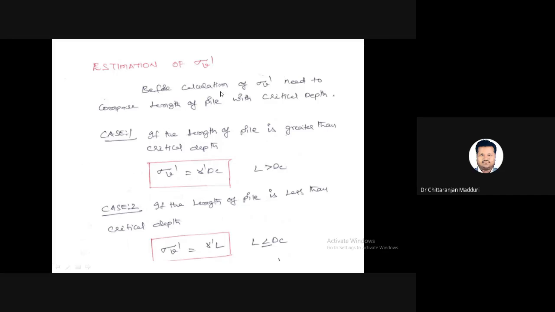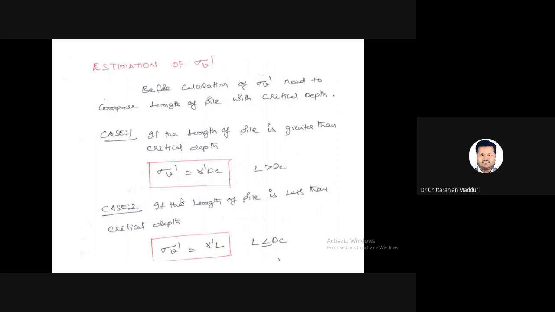So if the length of the pile is less than or equal to critical depth, sigma v dash is equal to gamma dash into L. Please remember, if the length of the pile is greater than critical depth, consider effective stress up to critical depth only. If the length of the pile is less than critical depth, estimate the effective stress up to the length of the pile only.